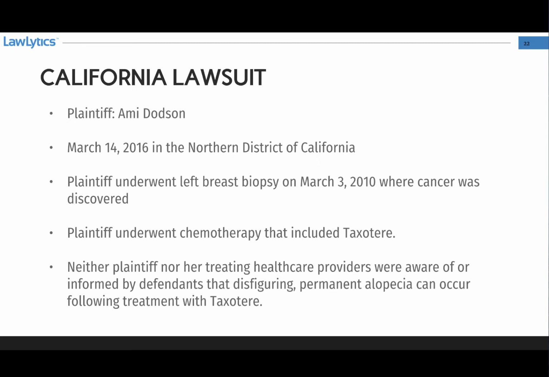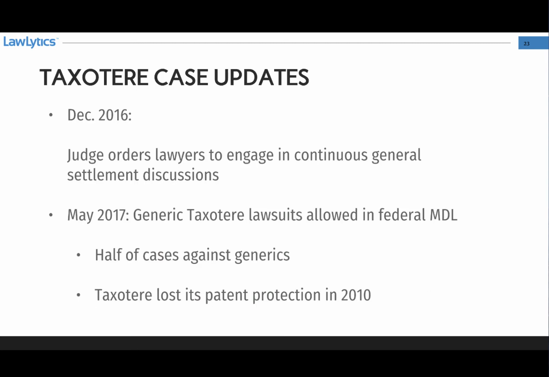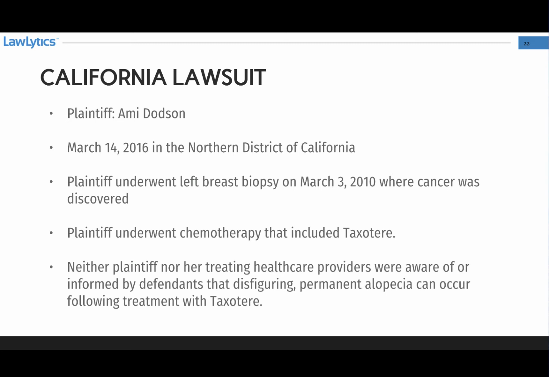Now, she asserts that neither she nor her treating healthcare providers were aware of or informed by the defendants about anything having to do with disfiguring permanent alopecia, and accordingly, she went ahead and had chemotherapy that included Taxotere. And following the completion of the chemotherapy, she suffered from disfiguring permanent alopecia, which she alleges is a direct result of receiving chemotherapy with Taxotere.